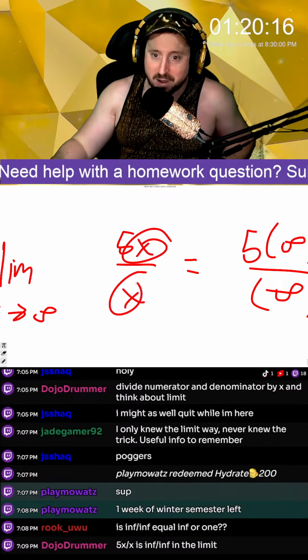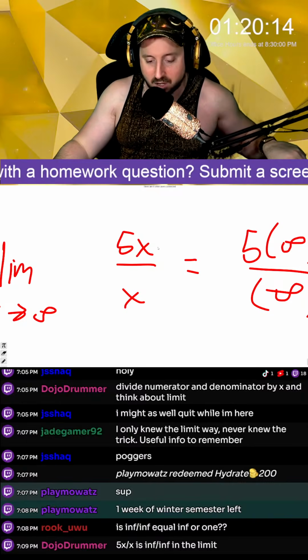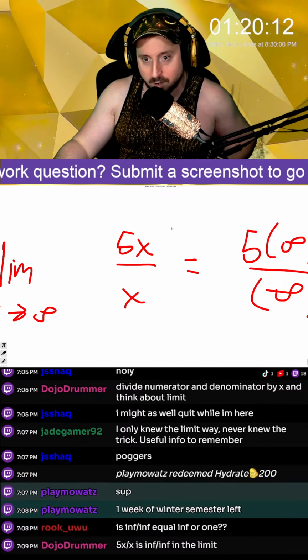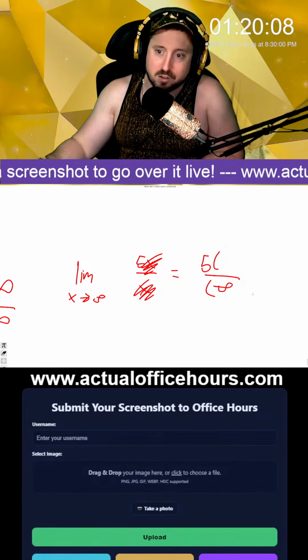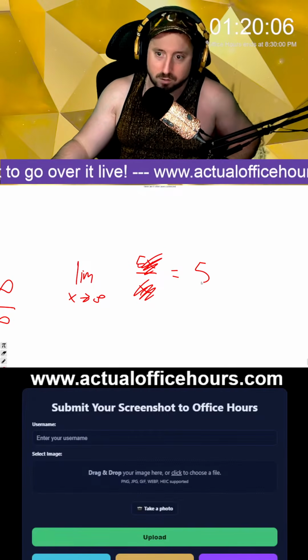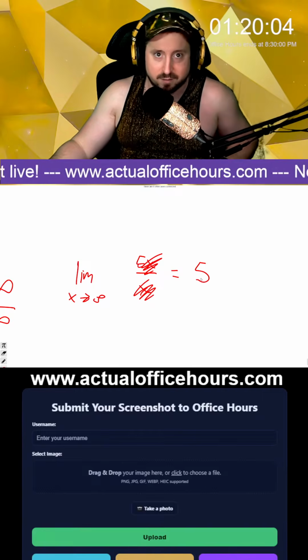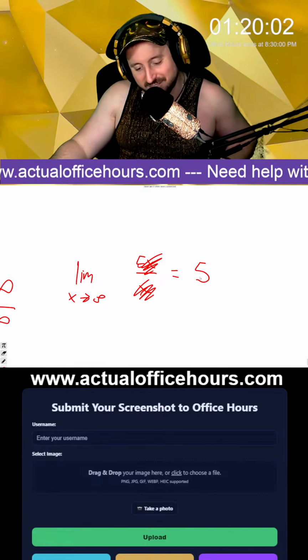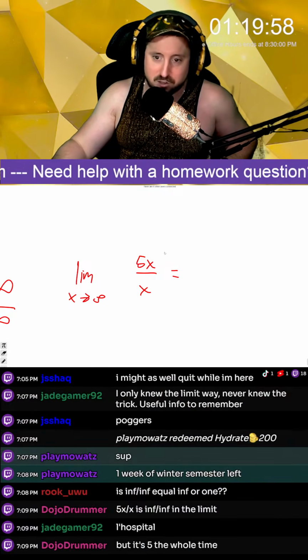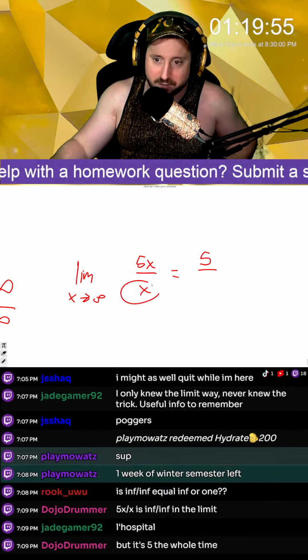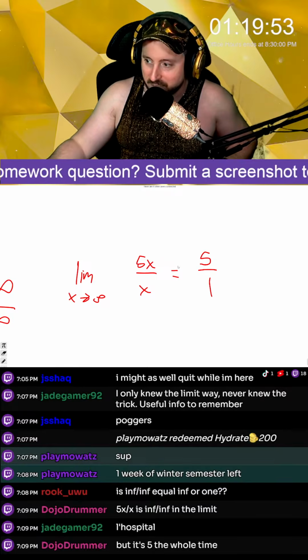I know that x divided by x is always 1, right? So this just goes away. And then that's why you're left with 5. This is also how L'Hopital's rule works. Yeah, the L'Hospital method, yeah. So L'Hopital's does the same thing because you take the derivative of 5x, you get 5. You take the derivative of x, you get 1. It's the same thing.